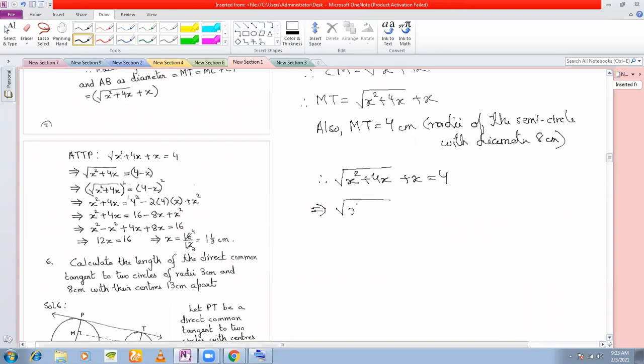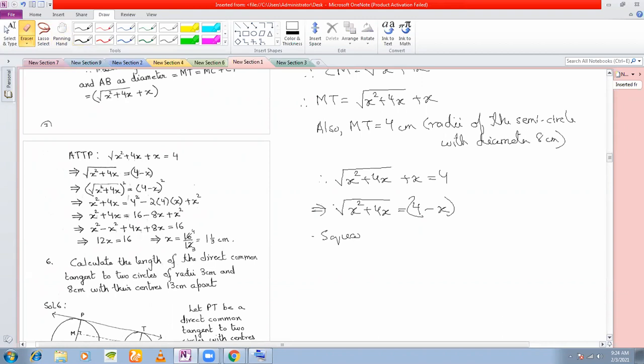Root over x square plus 4x, what you do is you keep the radical on one side and you take everything on the other side. So 4 minus x whole square. Now in order to remove the radical, you square both sides. I've written square here, so square is not required here.